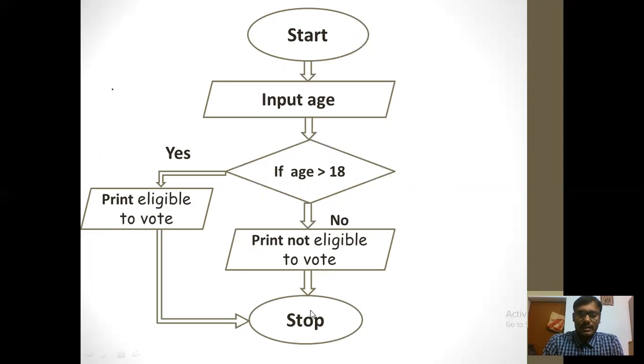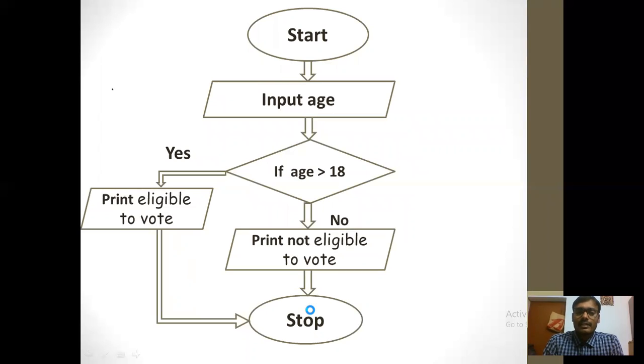So this is the flowchart to check whether the person is eligible for voting or not. If he is greater than 18 years of age, he is eligible to vote, and if he is below 18, he is not eligible to vote.